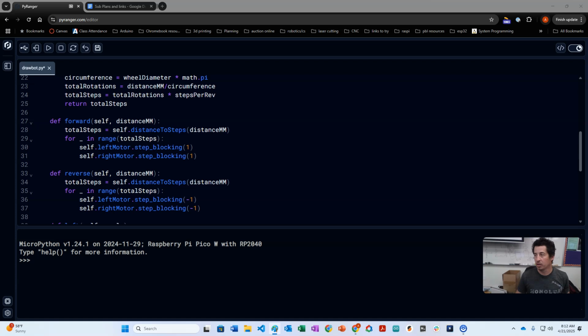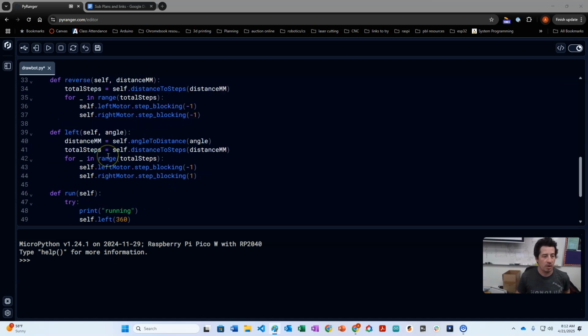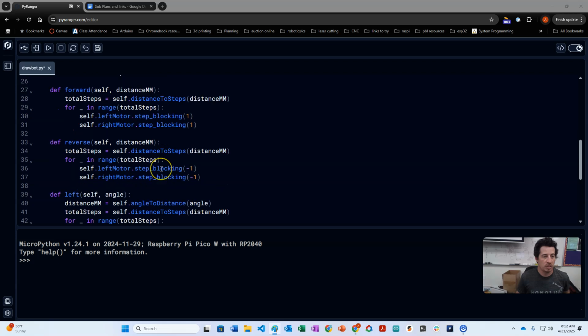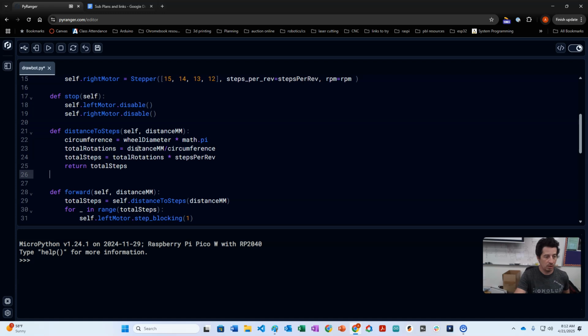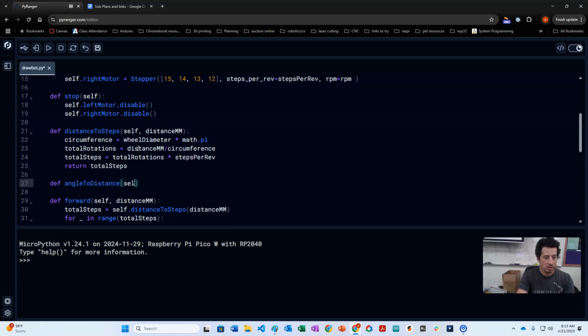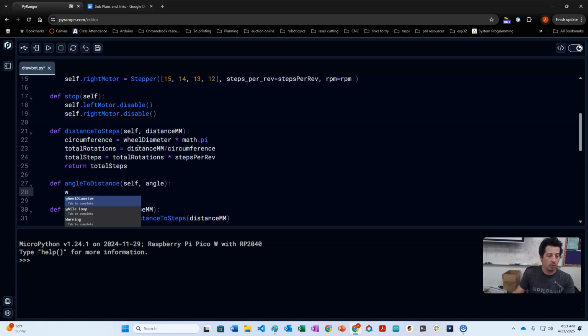So let's come back over to here, where we have our angle to distance function that we're creating. We're going to say def angle_to_distance, self, angle. We start by taking our diameter, which is our drawbot width.